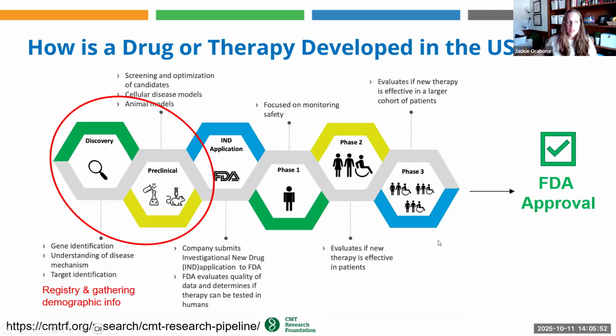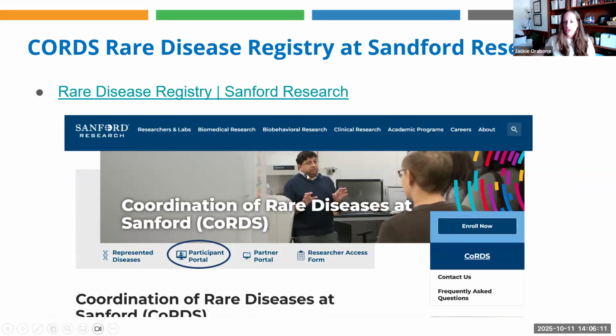The excellent news is that in the US, there are multiple funding mechanisms available for rare diseases. So FDA is working very hard to put together a multitude of mechanisms to get these drugs approved once we can find the candidates.